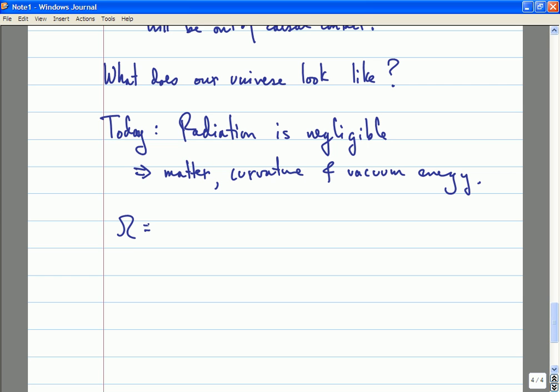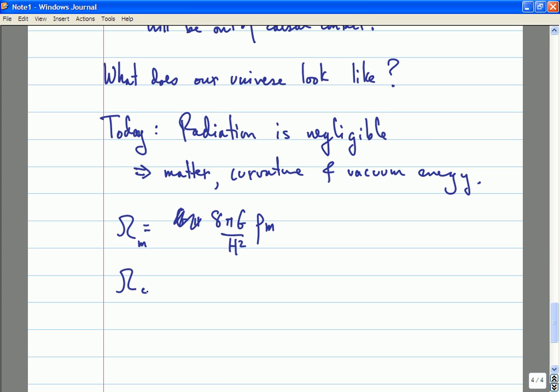So people define a number that we call omega matter, which is 8 pi G rho matter over h squared. Remember that the equation says that h squared is 8 pi G times rho matter plus rho curvature plus rho vacuum energy. So here I'm just dividing by a factor of h squared in defining my parameter omega.